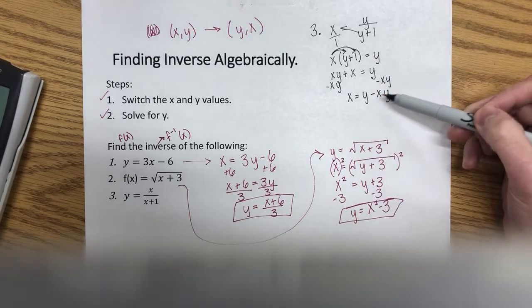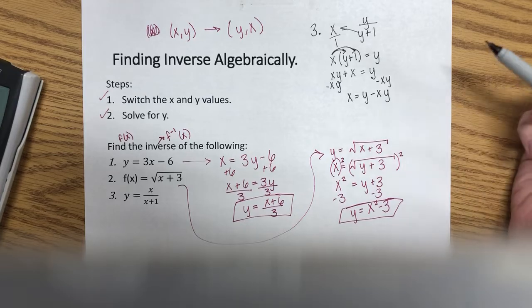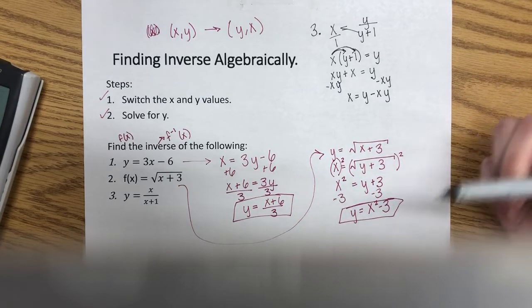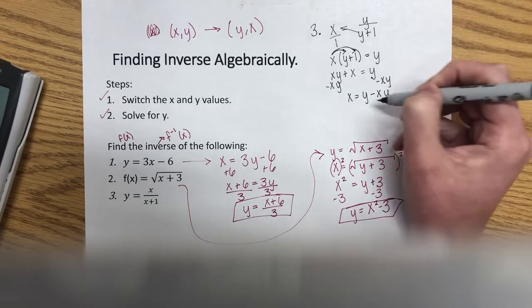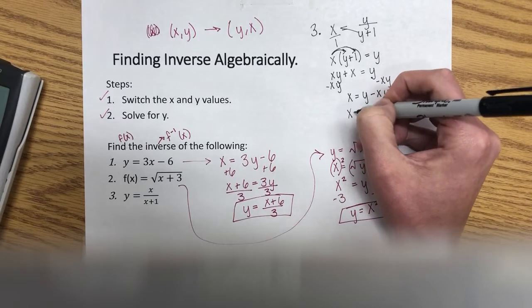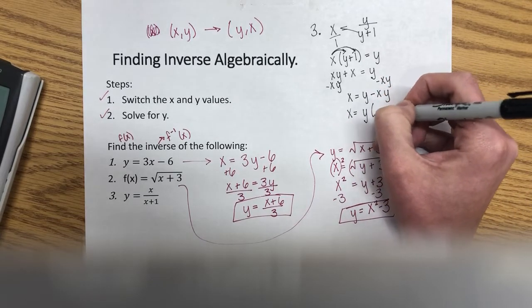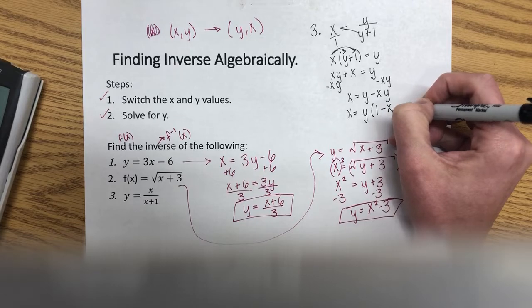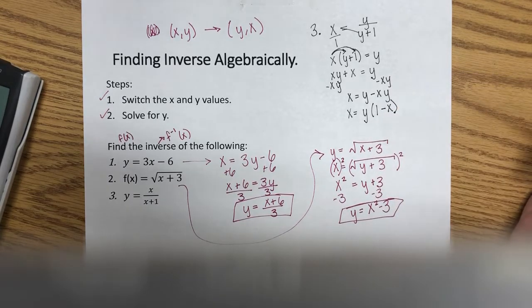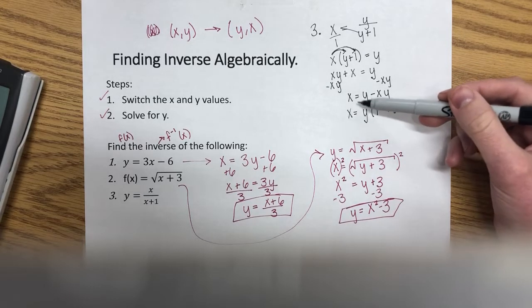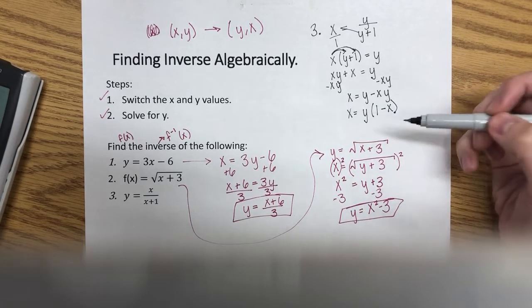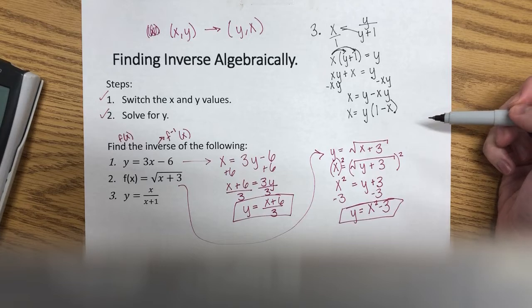And note that these are not like terms, so we can't combine them. But what we can do at this point is factor out the y. So we have x equals y times (1 minus x). So we factored out the y, so now we just have something like a term equals y times something else.